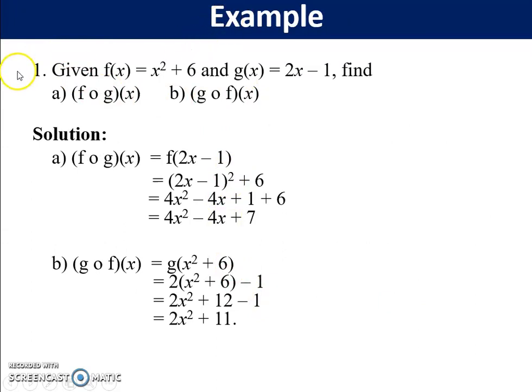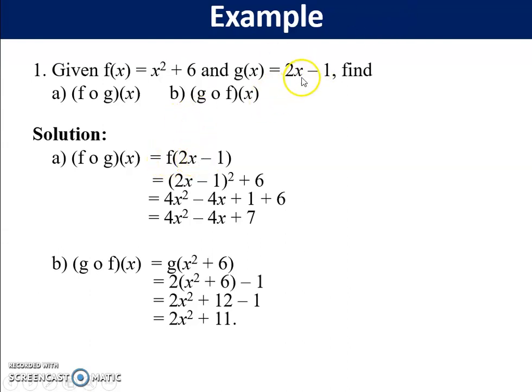For the first example, given f(x) = x² + 6 and g(x) = 2x - 1, we want to find first (f composite g)(x) and second (g composite f)(x). The first one, (f composite g)(x), is f(g(x)).